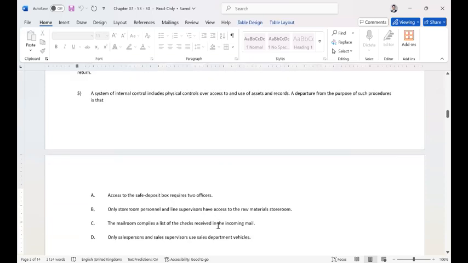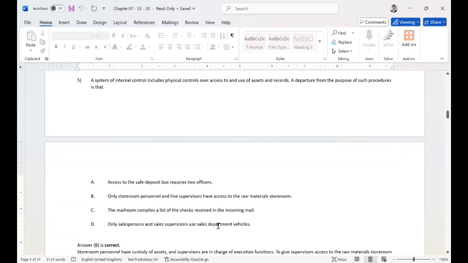Storeroom people are the custodians. The supervisor should not be given access to that. When you say supervisor, not the storeroom supervisor, the line supervisor, the functional supervisor.